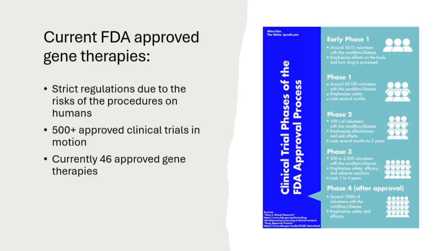This is why there are so many phases, different steps to being approved by the FDA. Each of these phases, as shown in this image on the right, has very strict criteria that people have to meet. And since it is technically an experiment and technically a human experiment, everyone must be a volunteer.